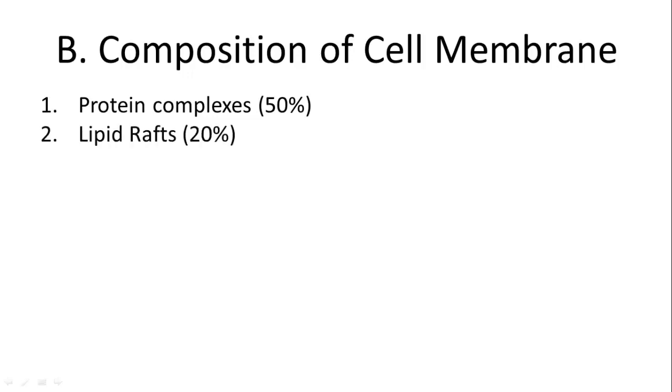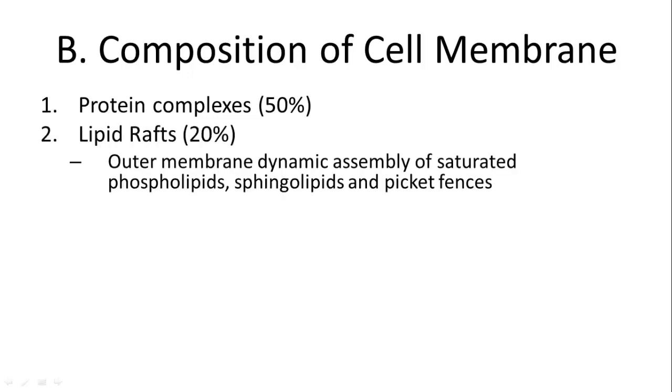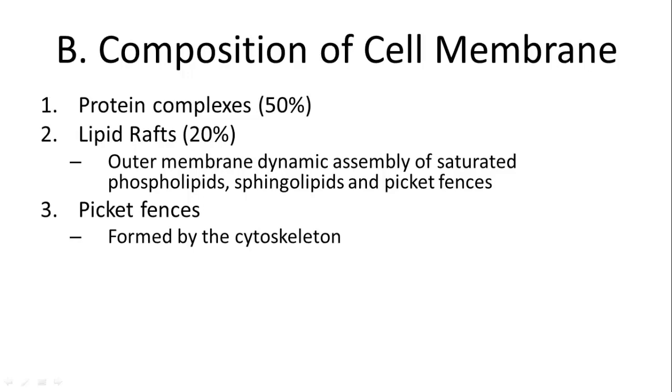Another 20% are these lipid rafts, which contain your phospholipids, sphingolipids, which are very similar to phospholipids, and picket fences. And picket fences are the ends, essentially, of the cytoskeleton. So parts of the internal structure which then need to attach to different parts of the plasma membrane.